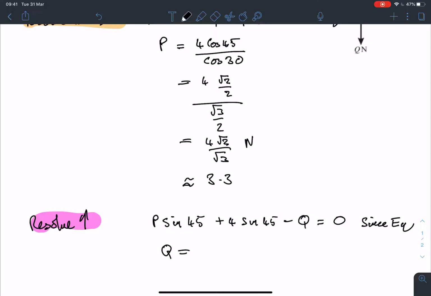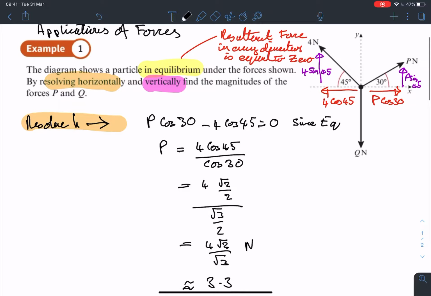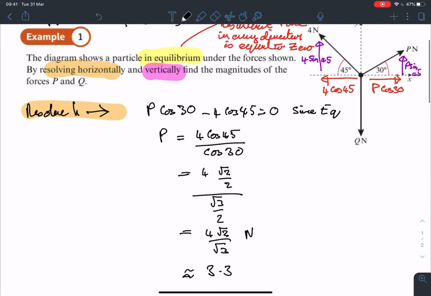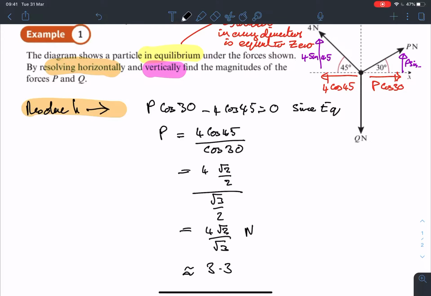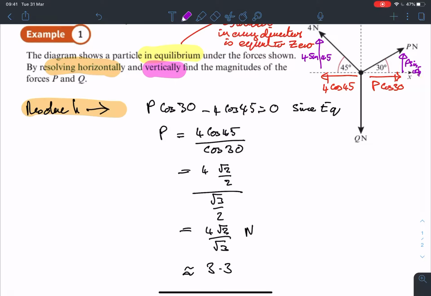So Q equals P sine of 30 plus 4 sine 45. I've got something wrong there, haven't I? That should up there have been 30, sorry. Yeah, that should have been 30.